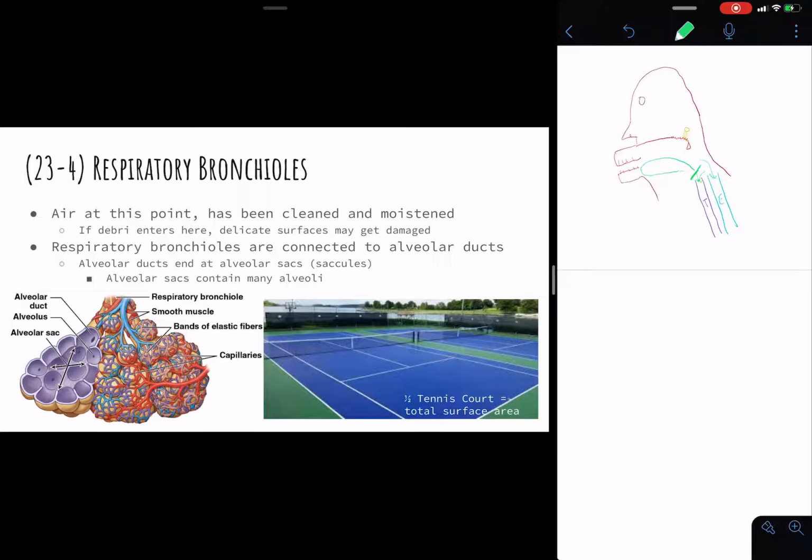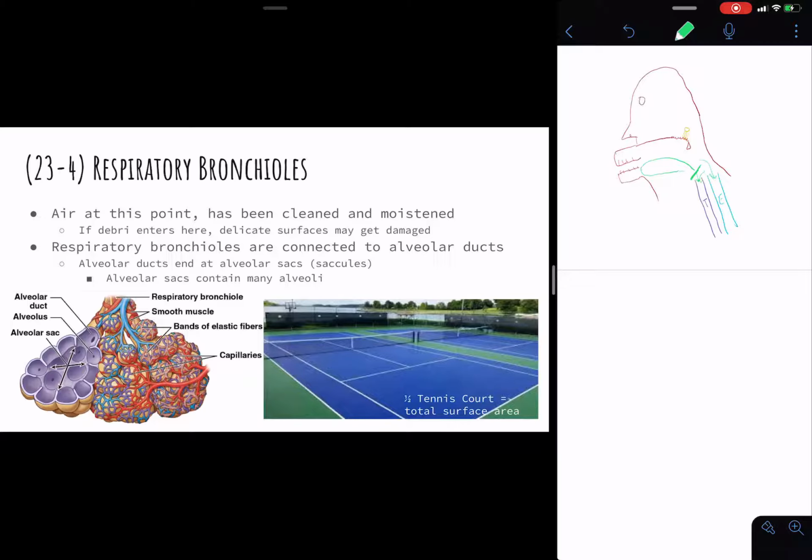So smoking tobacco, if we were to spread out all of our alveoli in one healthy, normal adult person, and lay them flat, they would actually cover half of a tennis court in terms of surface area.